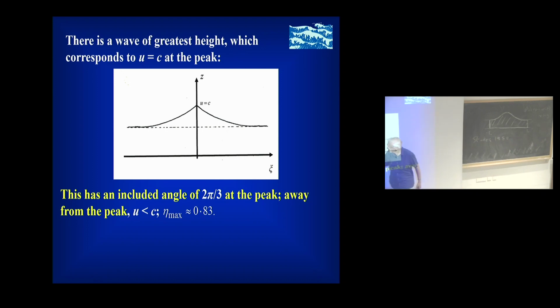So it was 120 degrees, and in passing, he estimated, but very roughly, what the height of that highest wave was. This is 1, so the 0.83 is that bit there. What I think is comforting is that in 1978, John Toland proved the existence of the highest wave.